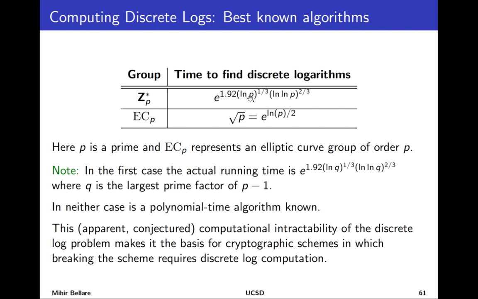The actual running time doesn't have a p here, but q, where q is the largest prime that divides the group order p minus 1. So to make this true, you better make sure that p minus 1 has a large prime factor, and that's what we do when we pick them.